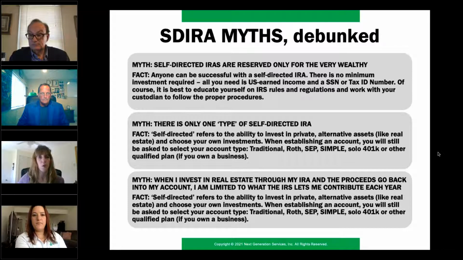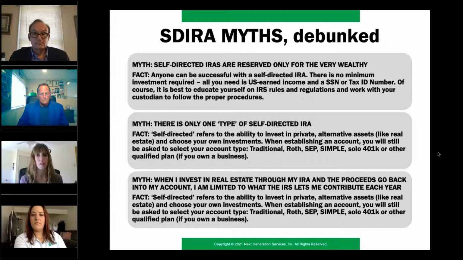So there's no minimum required with a self-directed IRA, and depending on what it is that you're looking to do, if the investment required is not substantial, or it's not unreasonable for you, then you can certainly get creative and do maybe smaller investments with a self-directed IRA. As long as you qualify to have an IRA, you can certainly set one up and you can be successful.